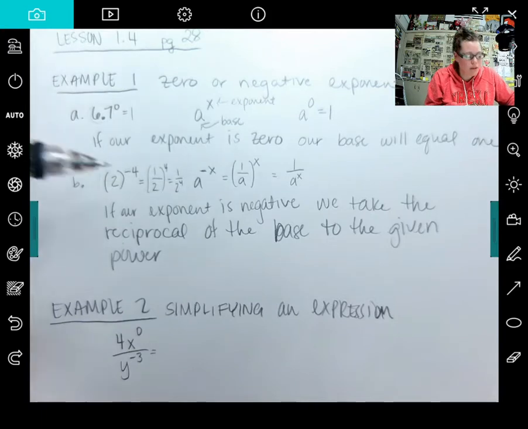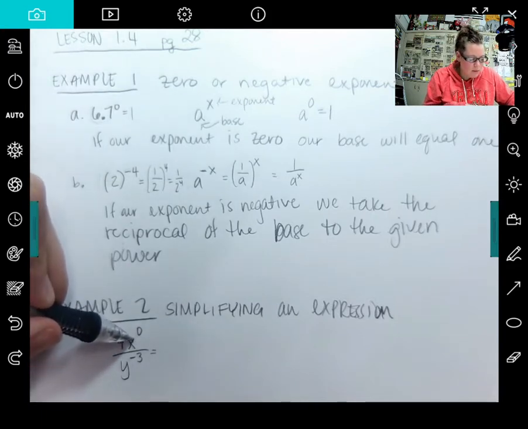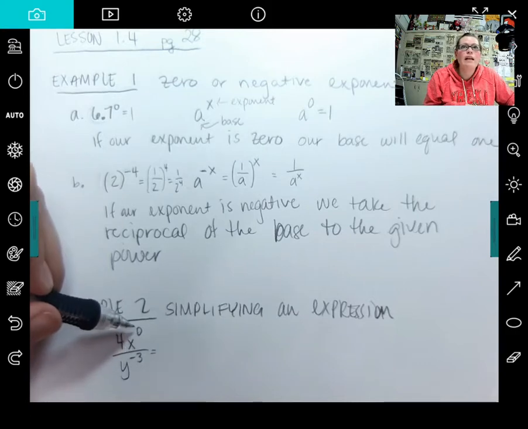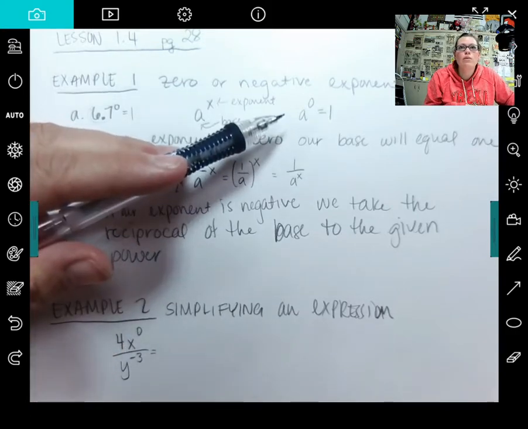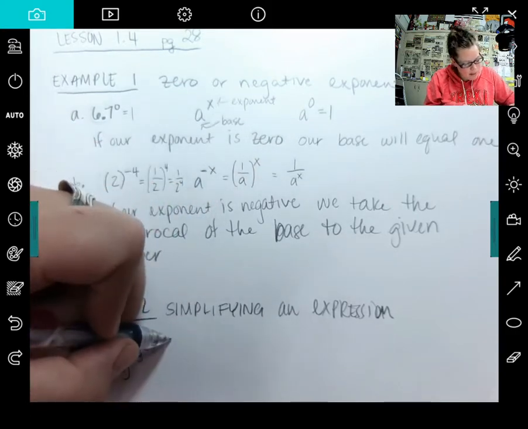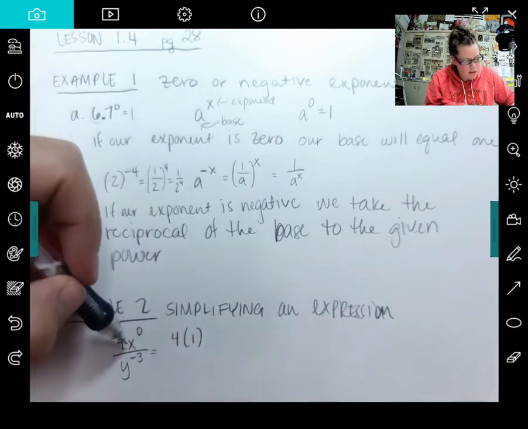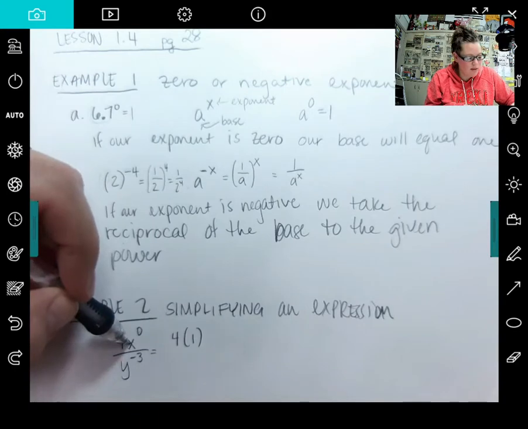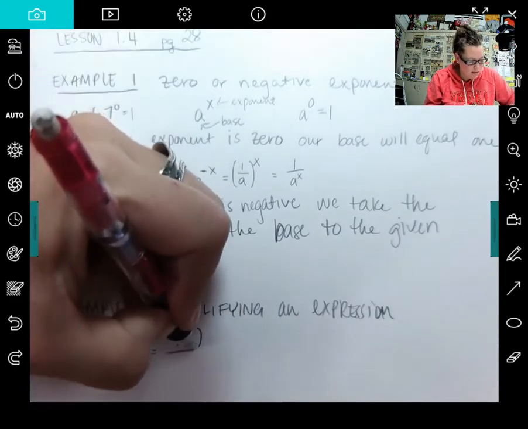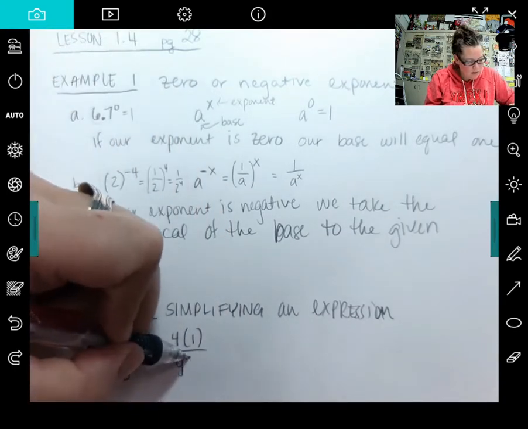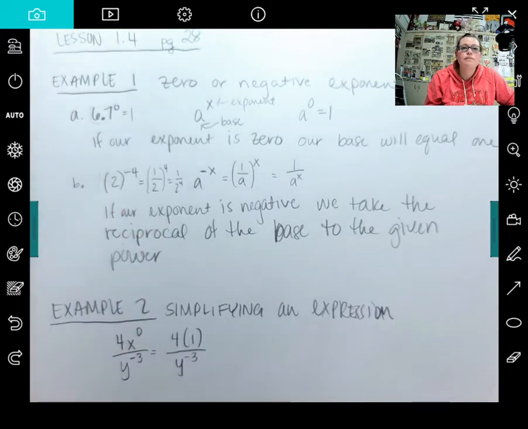Don't overwhelm yourself. We know any number to the 0th power equals 1, so we end up with 4 times 1. I could substitute out that x for a 1. And then we still have that over y to the negative 3.